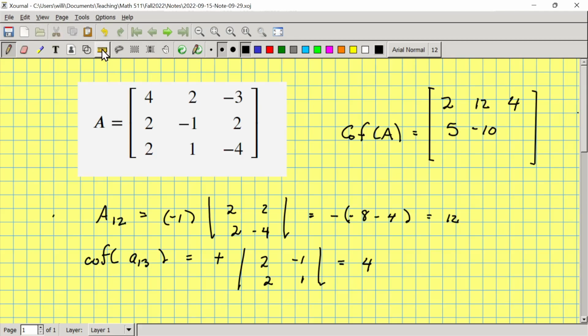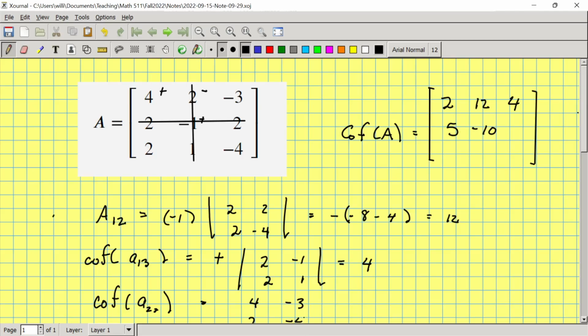So, when we remove row 2, because it's in position 2, 2, and column 2, because it's in position 2, 2, we're left with, for the cofactor of A 2, 2, that negative 1 there, we get plus minus plus, so a positive, the determinant of its minor. And its minor has columns 4, 2, and negative 3, negative 4.